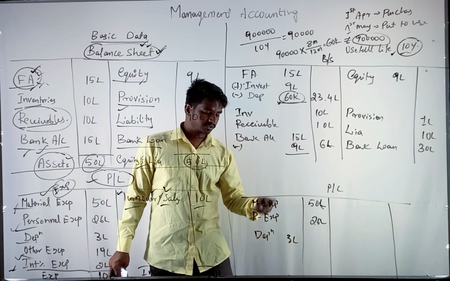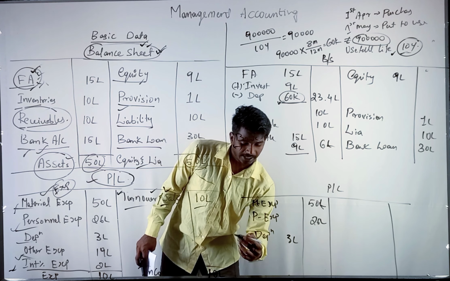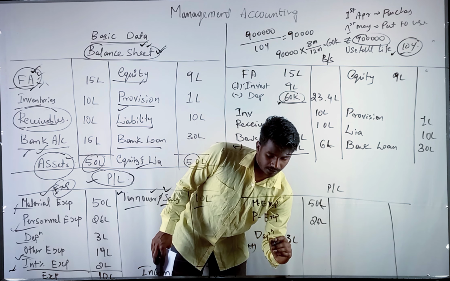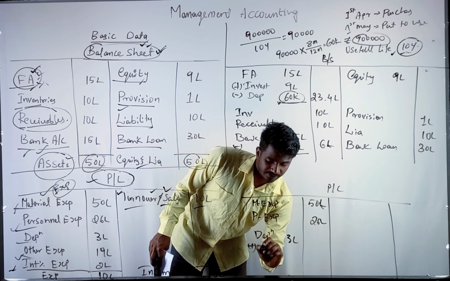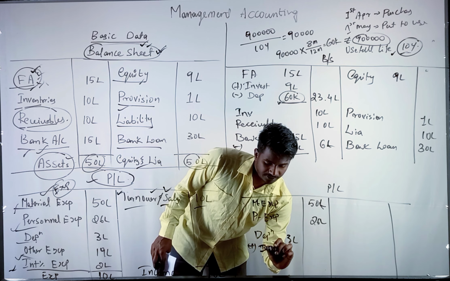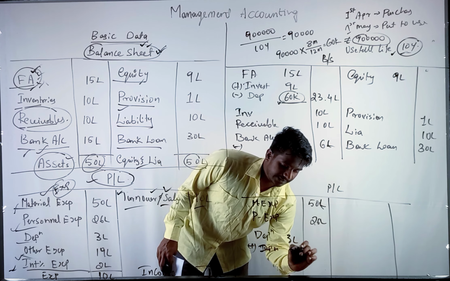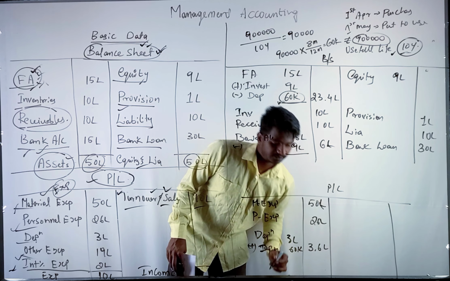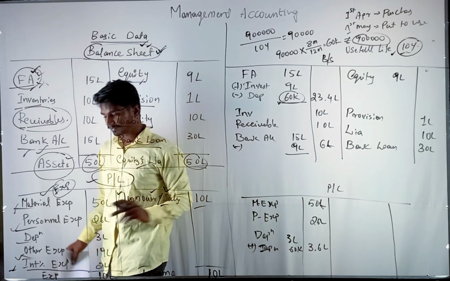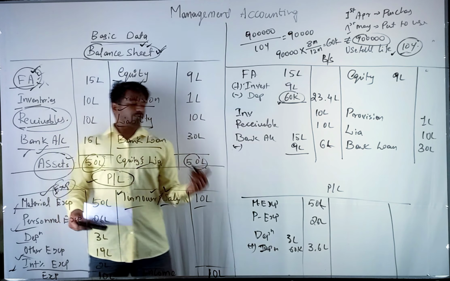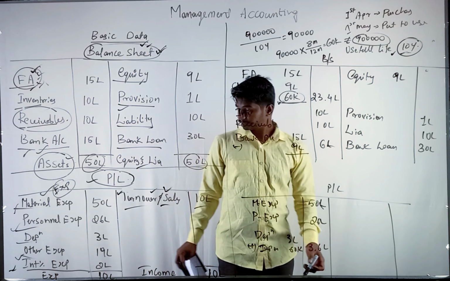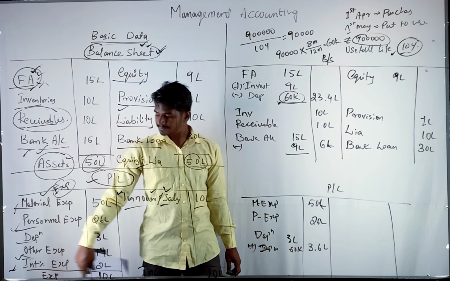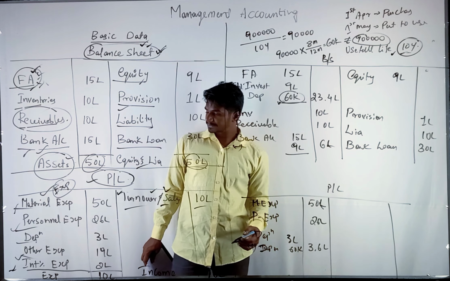One more loss on depreciation, we should add it to the already added depreciation on investment. It is 60,000. It becomes 3.6 lakhs, that is 3 lakh 60,000. Fine. Now there is no change in the other expenses and interest expenses. Both are same.